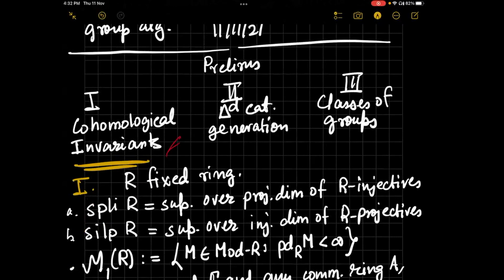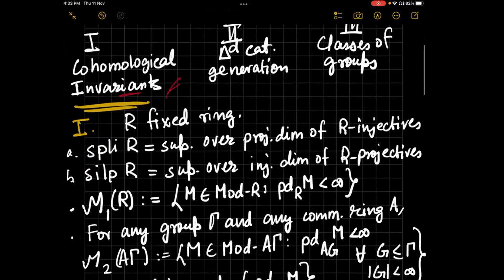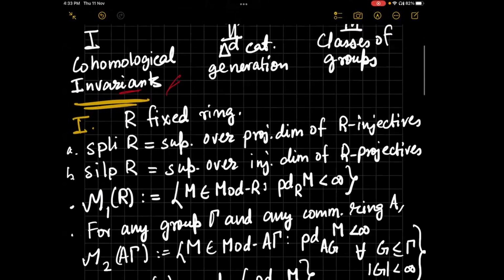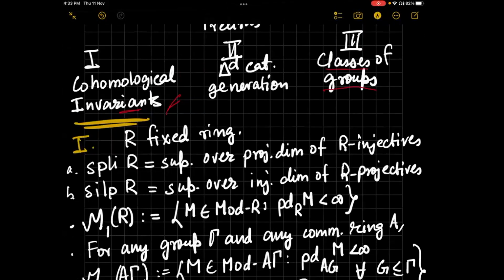There will be some preliminaries on cohomological invariants, because in my world, the finitistic dimension is a cohomological invariant on the group algebra. And then I will also talk about the classes of groups that I'll be dealing with. And I had planned to talk about some preliminary knowledge on generation in triangulated categories, but fortunately, Sutomu did touch on that topic. So maybe I won't really talk about number 2 here.